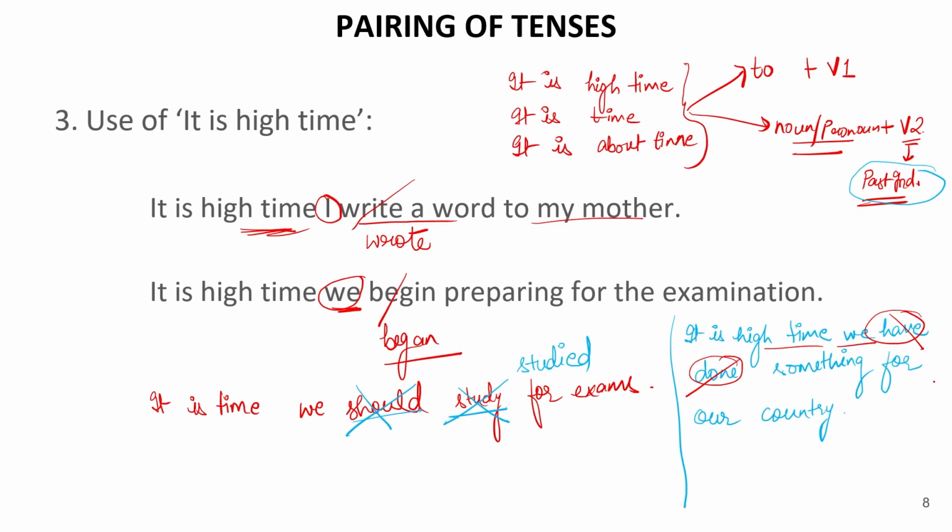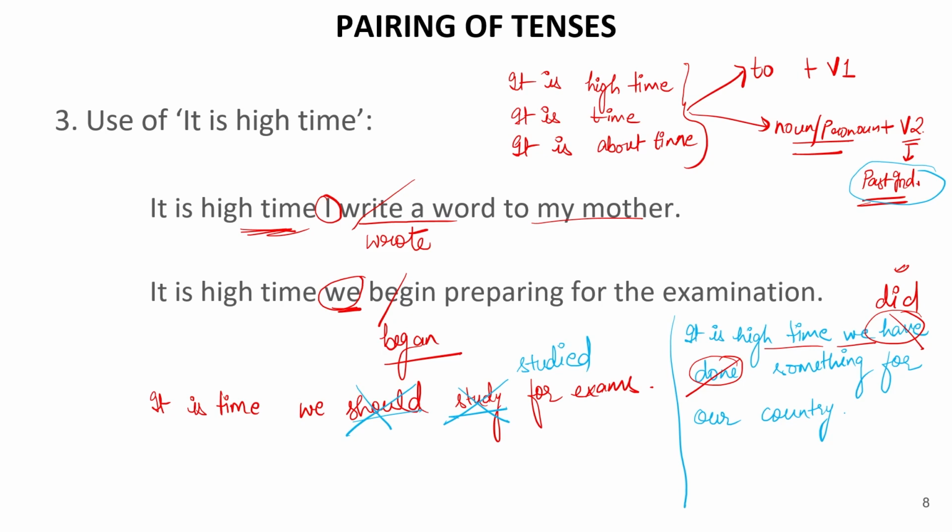One thing that students always do is write the sentence like it is high time we had done something for our country, but that is also incorrect. Instead we write: we did something for our country, because this is past indefinite. If I write had done, that will be incorrect, because had done is past perfect tense, whereas we need only past indefinite. And this is very, very important.